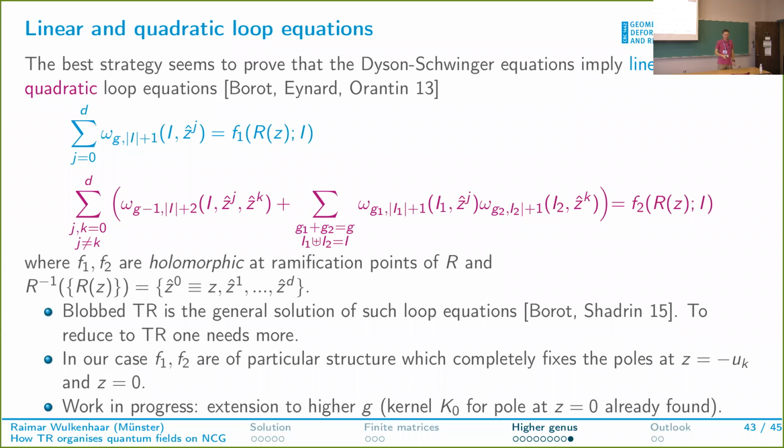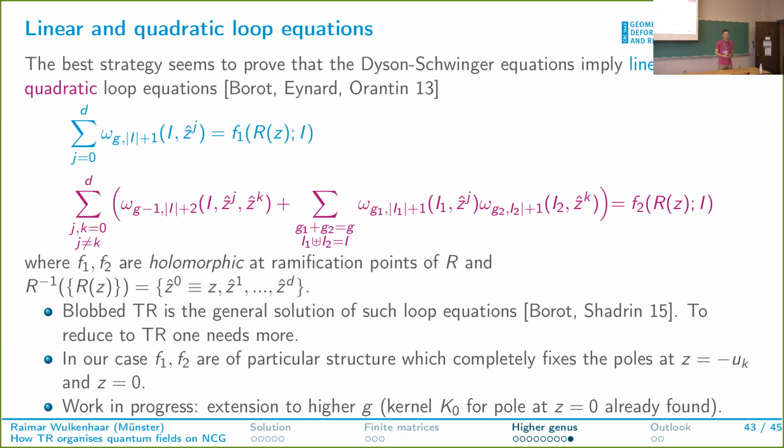This is a general thing: if you have these two equations, the linear one is the first, the quadratic one is the second, then the solution for these omegas is given by blob topological recursion. So if you have a model, you show that these equations are satisfied, and then you know that you have blob topological recursion. Is it if and only if? Yes, if and only if.